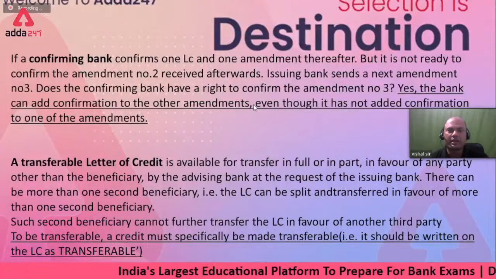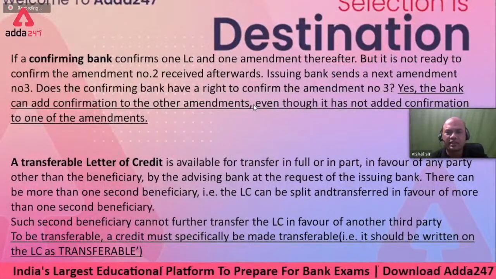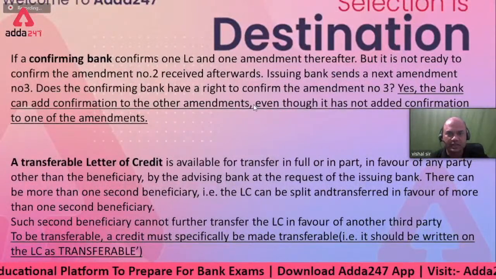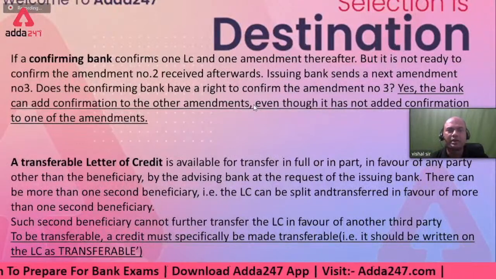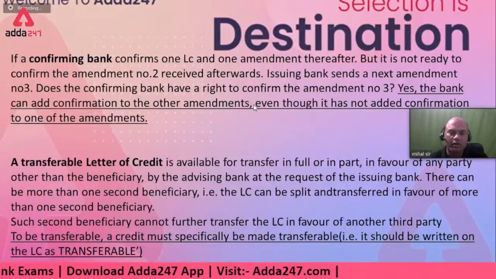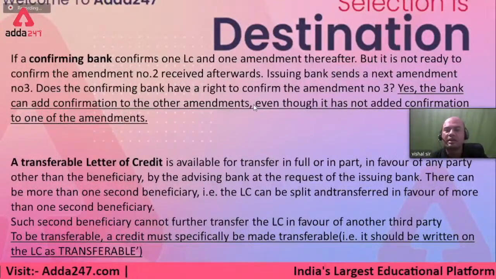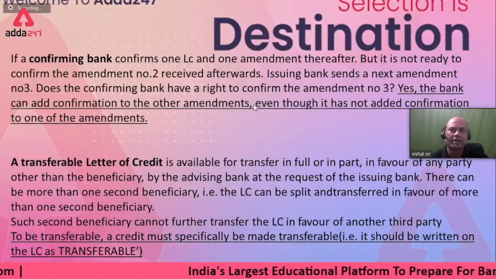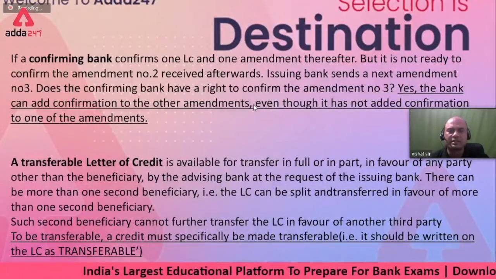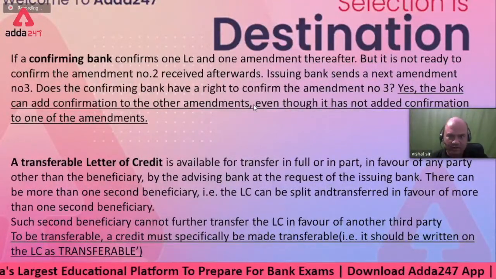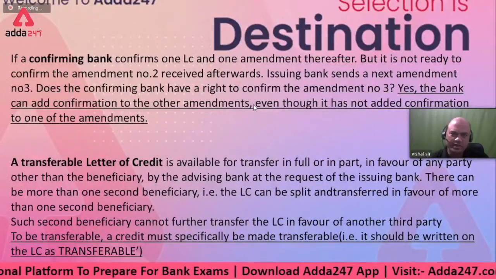So the confirming bank is an additional guarantee. Generally, I'm not saying always, this confirming bank is in the same country in which the beneficiary or the seller resides. Always remember, the confirming bank, advising bank, and negotiating bank are generally in the country of the beneficiary. They are known to the beneficiary.